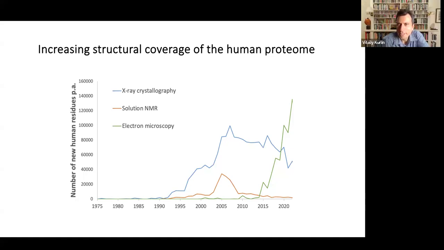Joe, could I ask a question here? Sure. So comparing electron microscopy, or cryo-EM, with X-ray crystallography structures, may I ask if they have already the same level of quality, for example, in terms of resolution?